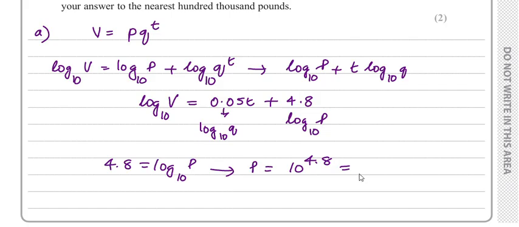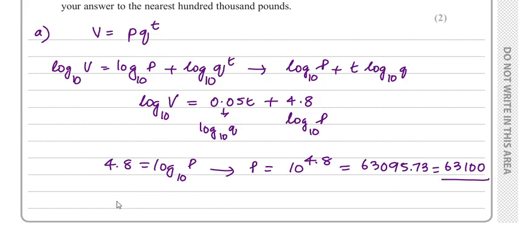The question says to four significant figures. So we need to convert that into value from the calculator. This is equal to 63,095.73, okay, which actually translates to, if I put it into four significant figures, 63,100.